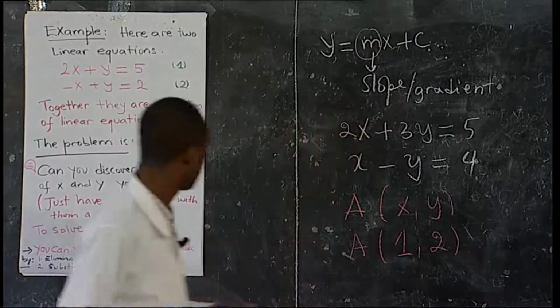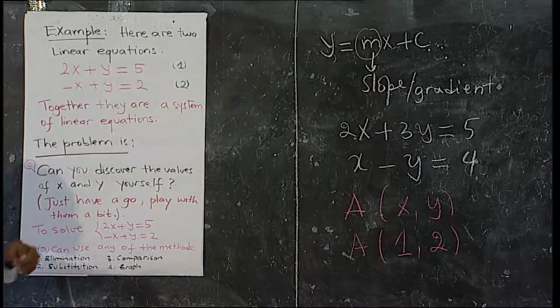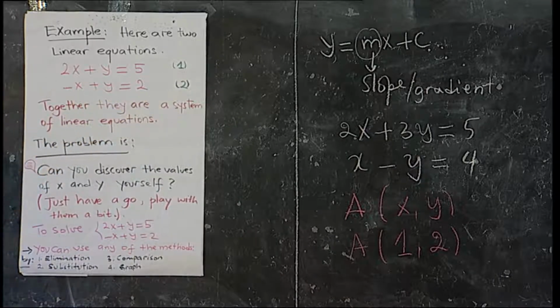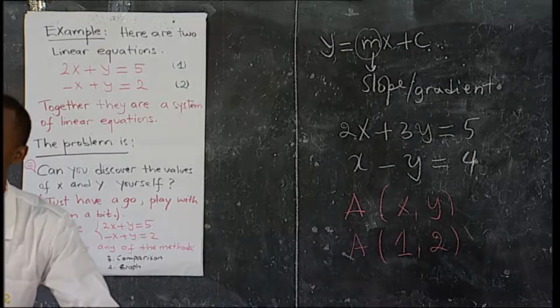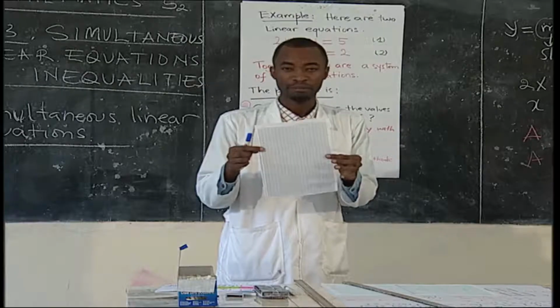If you have already named your equations, this one is called 1, and this one is called 2. Naming them helps you to track the line of every single equation you have. Let's do it together. Remember, I told you, whenever you are drawing a line, you need to have a graph paper.